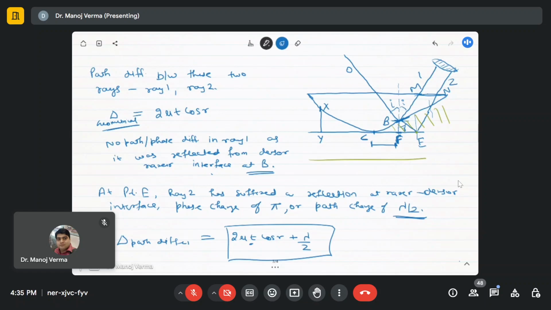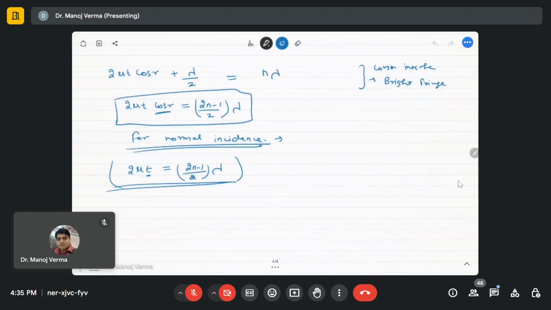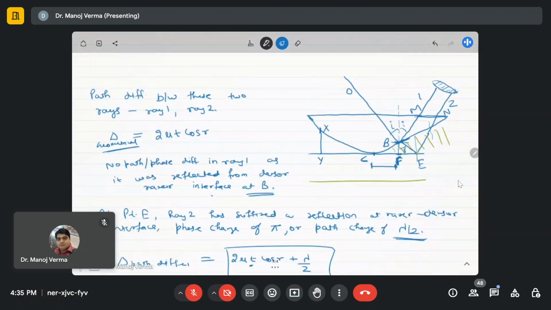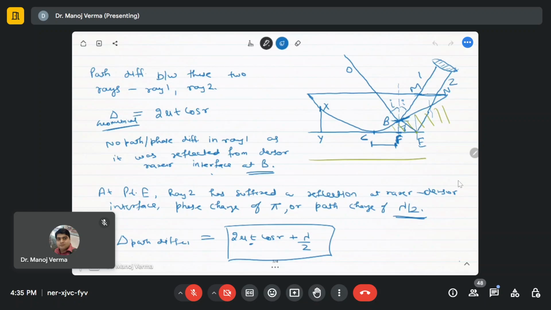In this particular case, the thickness is BF, so the value of T will be plainly BF.